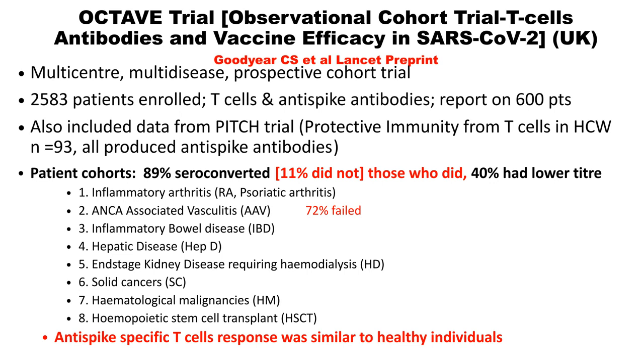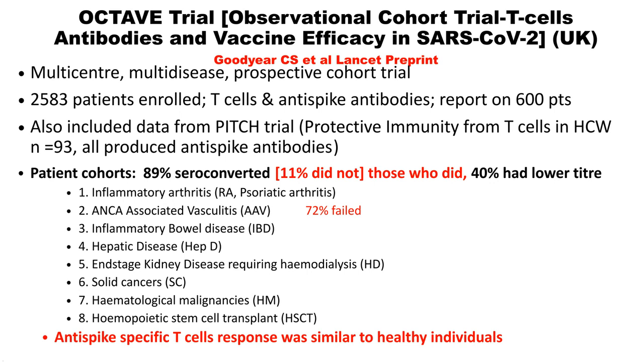And this has taken patients who are immunocompromised, like having inflammatory arthritis, rheumatoid arthritis, or psoriatic arthritis, ANCA-associated vasculitis, inflammatory bowel syndrome, hepatic disease, end-stage kidney disease, solid cancer, hematological malignancies, and haematopoietic stem cell transplant.